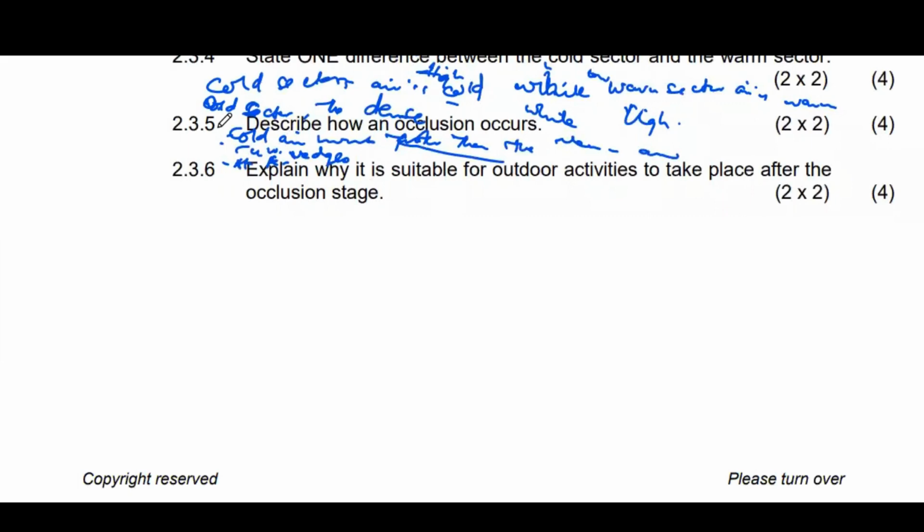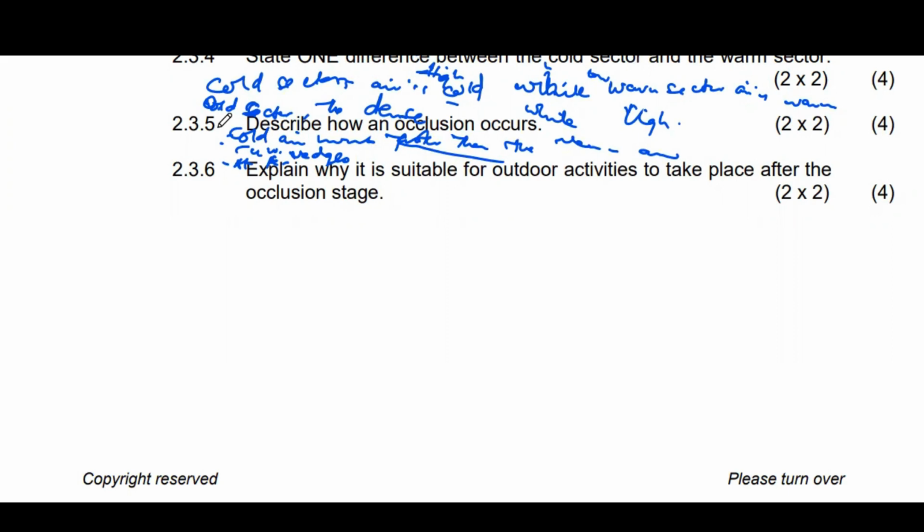The last question says, explain why it is suitable for outdoor activities to take place after the occlusion stage. It says after. What does it mean? We have just said that at the occlusion stage, the pressure goes high.